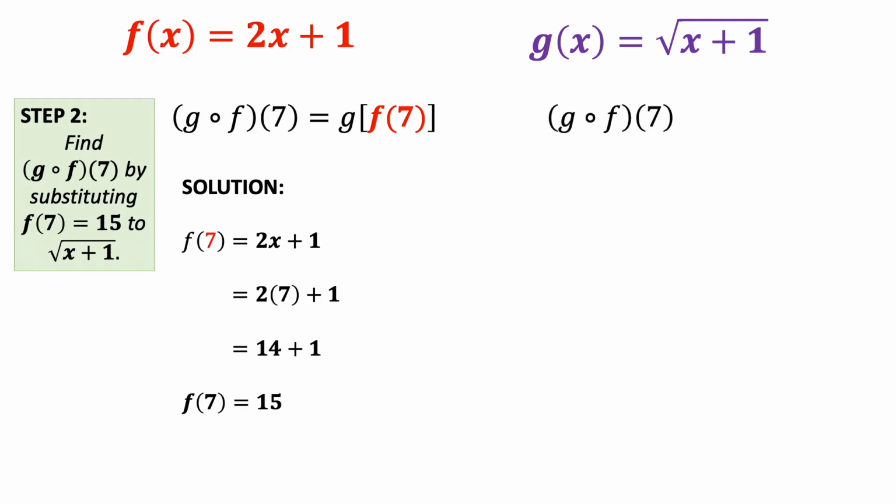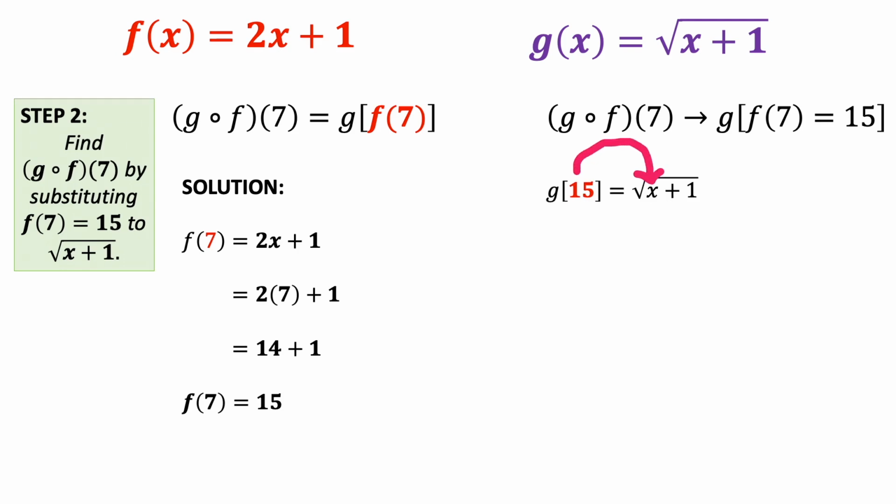Let's find g circle f of 7 by solving for g of 15. As instructed, we need to plug 15 to the equation of g of x, which is square root of x plus 1. We will have square root of 15 plus 1.